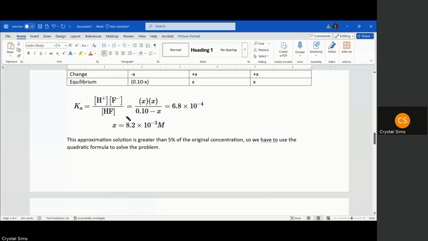Now, if we had kept our assumption back up here, then we would have come up with 8.2%, and we would have come up with a completely different pH. So that's why we have to look at those approximations. If it's greater than 5% of the original concentration, you've got to use the quadratic formula. Because as you can see, it will affect. Our approximation got us 8.2 times 10 to the negative 3.